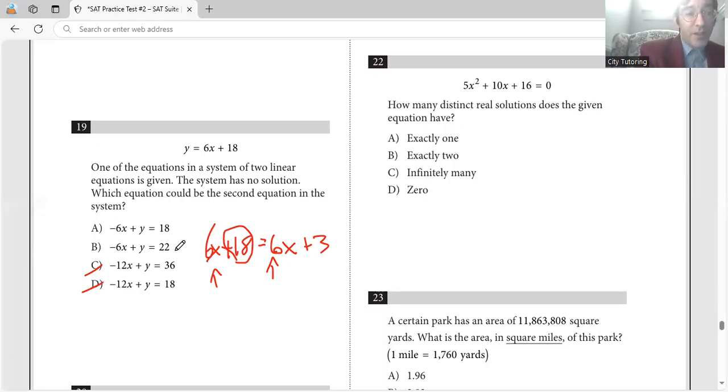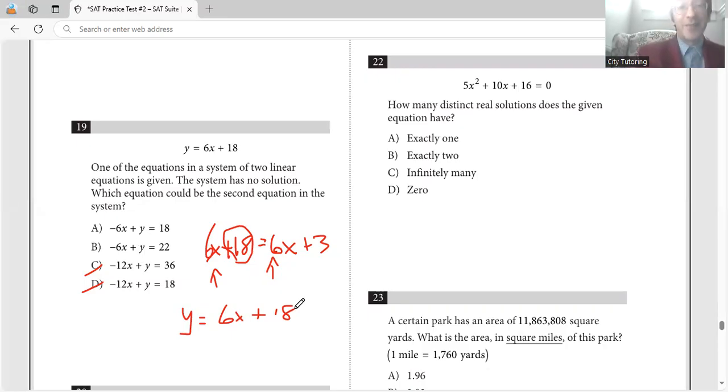The only thing that works here is if I try A. If I solve for y in A, that would give me 6x plus 18. So yeah, it has to be A, right? Nope, it can't be A, because if you get an equation that is the same, like 6x plus 18 equals 6x plus 18, you have infinitely many solutions.